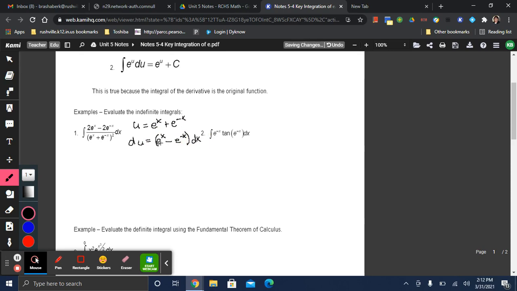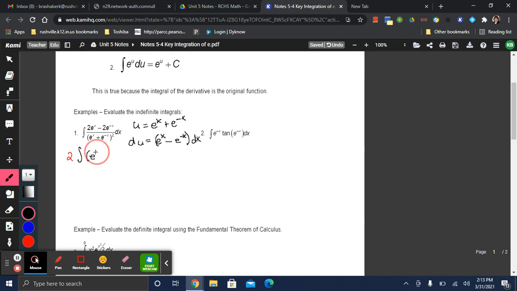So we look to see if we have, and we have to have this exact match, this e to the x minus e to the negative x. So we're close. We have that with the 2. So if I factor out the 2 and then rewrite my integral, I would have 2 and then the integral of, and I'm going to go ahead and put the denominator to a negative power.